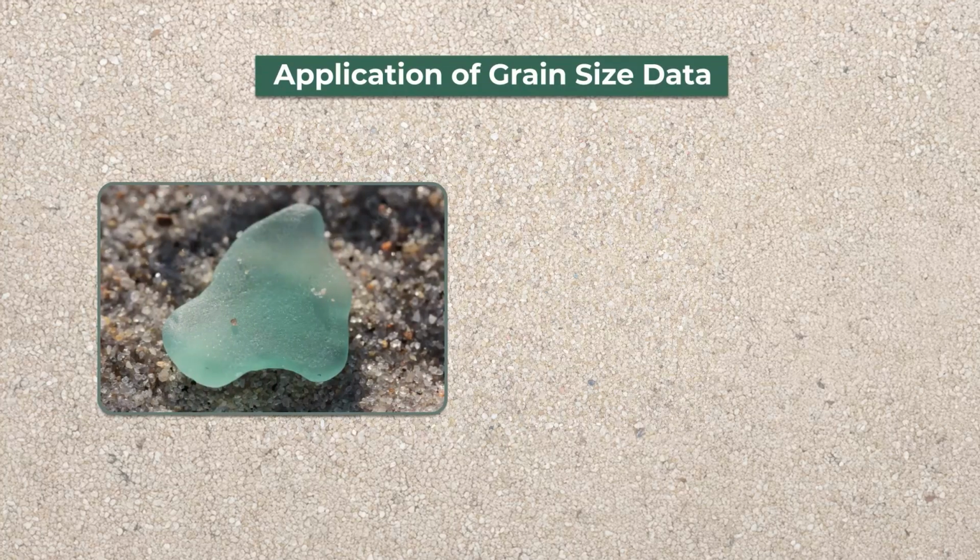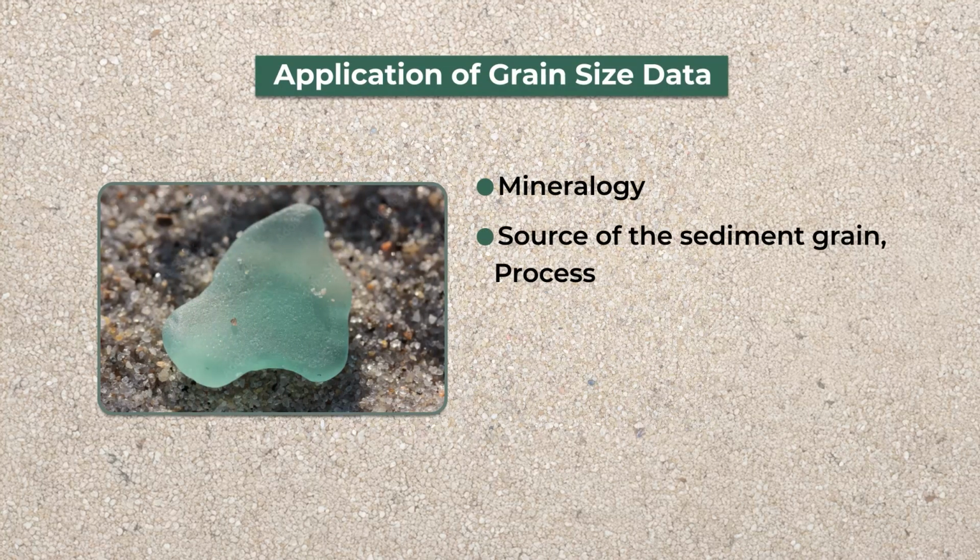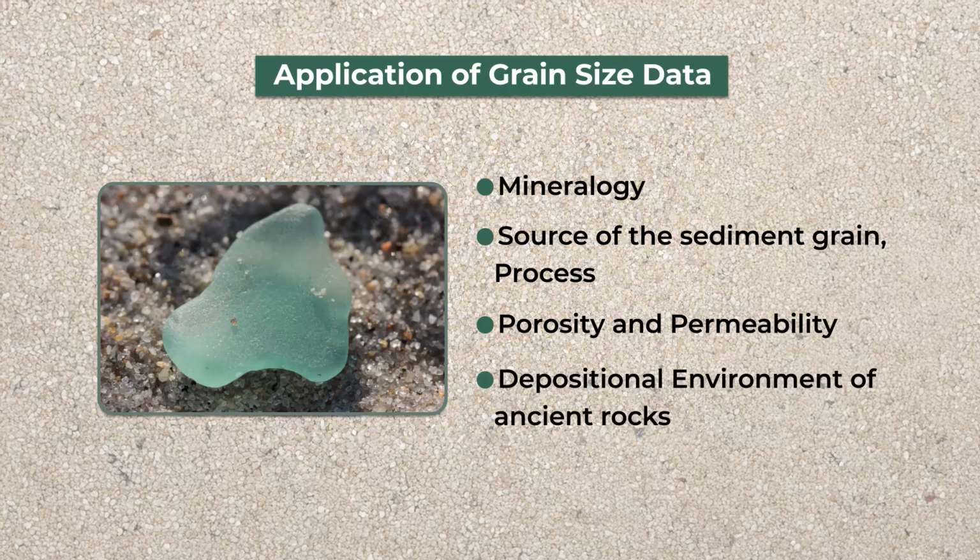What is the application of grain size data? We can use terminology to define a rock. We can also find out the source of sediment grains, that means the process, how the sediment has formed.